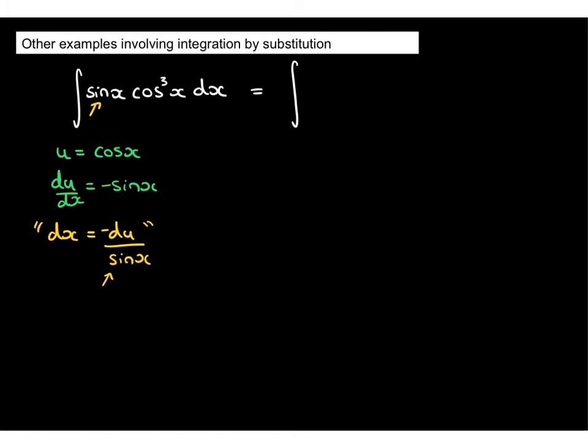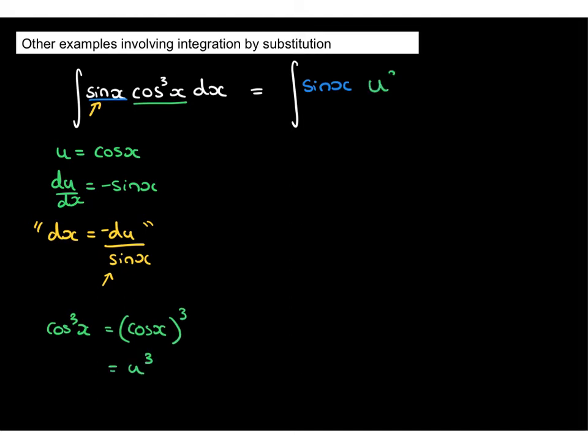So this is how I'm going to do it. I'm going to leave sine x as it is, just for the moment. I'm going to replace cos cubed x, and remember, cos cubed x is the same as cos x all cubed, so in this case, that's u cubed.